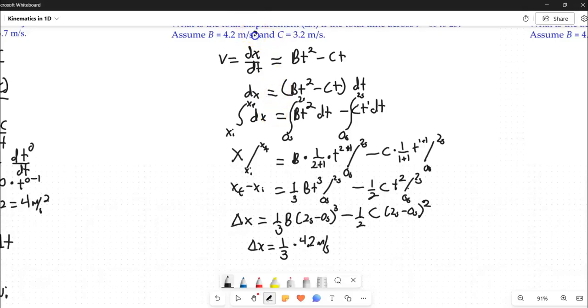That doesn't make sense as meters per second; it should be meters per second cubed, times 8 seconds cubed, so 2 times 2 times 2, minus 1/2 c, which is 3.2 meters per second, and that should be squared, that's an acceleration, times 4 seconds squared.